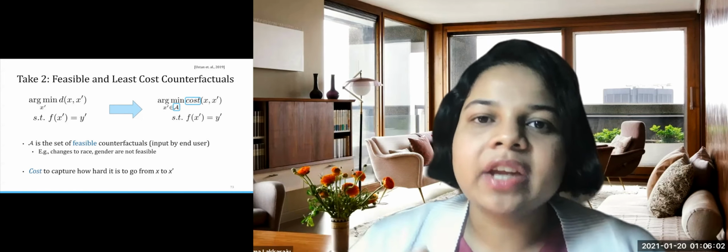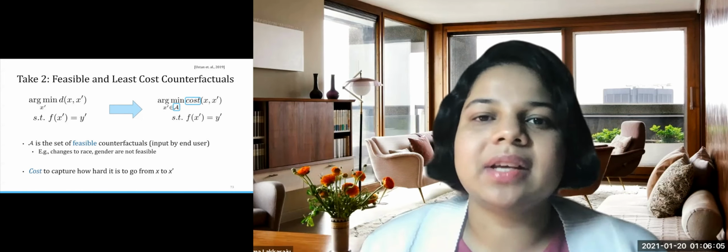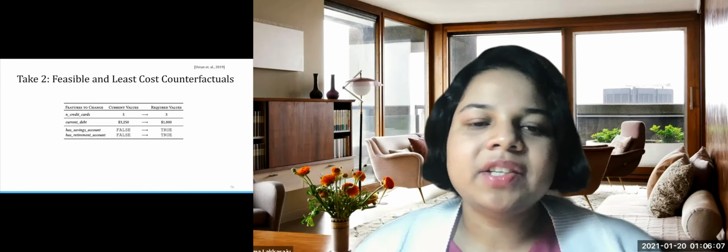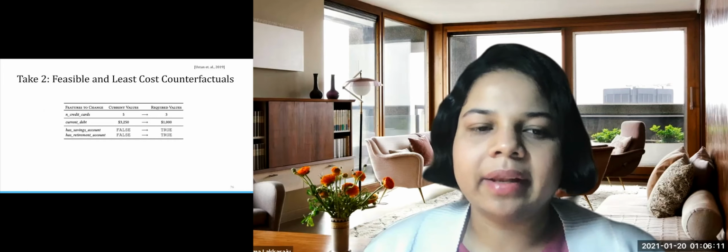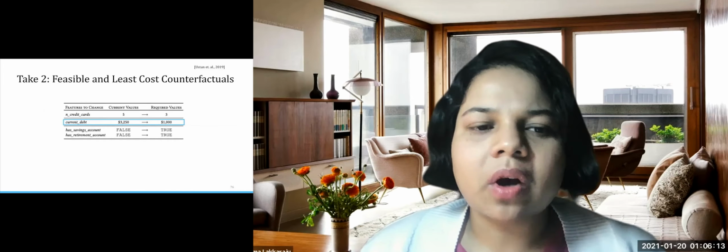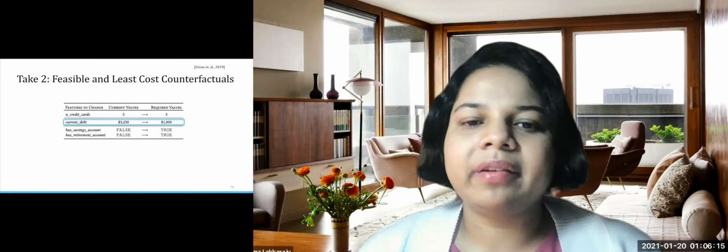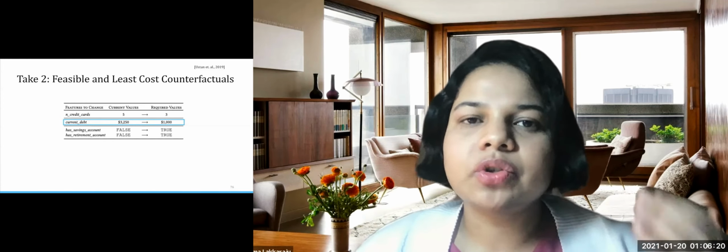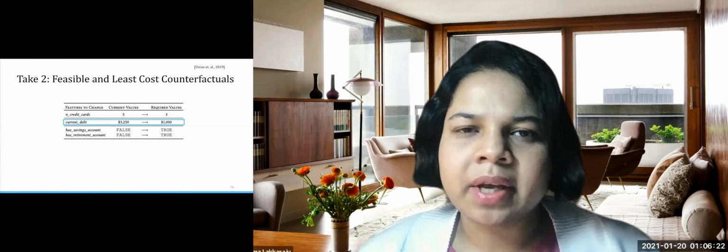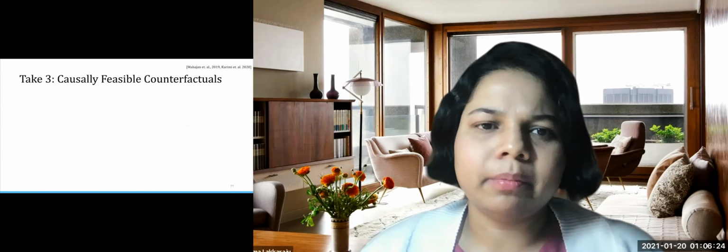And they advocate to pick counterfactuals using such a cost function. And here is an example of a counterfactual or a recourse produced by their algorithm. Let us focus on this current debt part here, where they're asking an individual to reduce the current debt from $3,250 to $1,000. Let's see if this has any other negative implications.